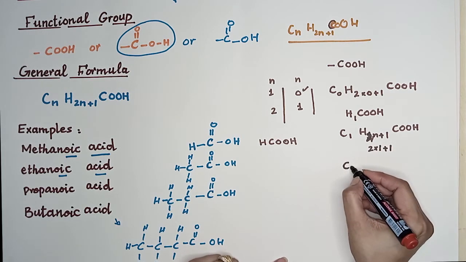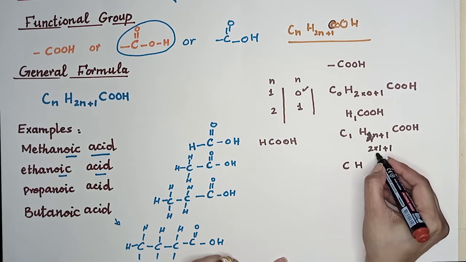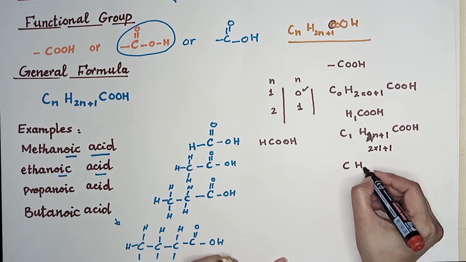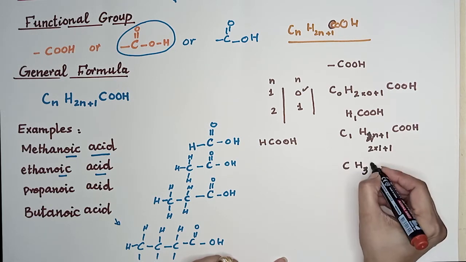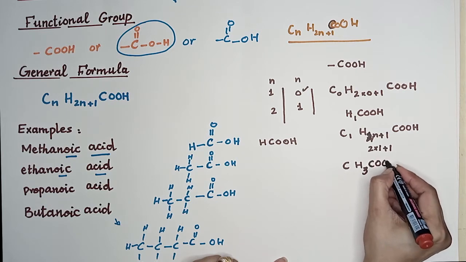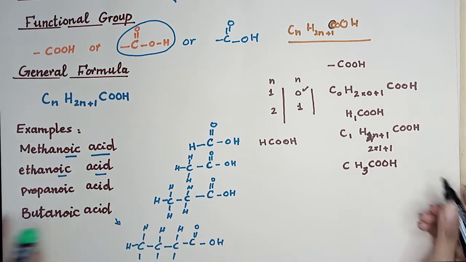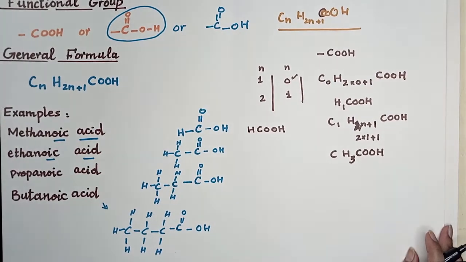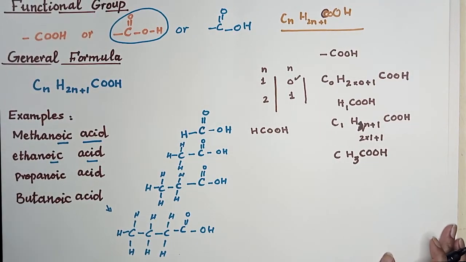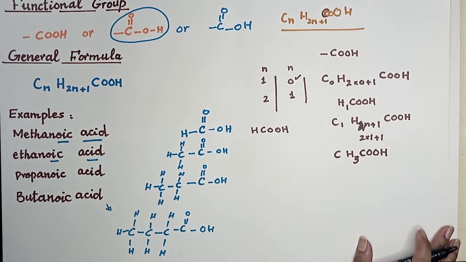So the value is C1, 2 ones are 2 and plus 1 is 3. This is the formula of acetic acid. The common name of ethanoic acid is acetic acid. So this is the way.